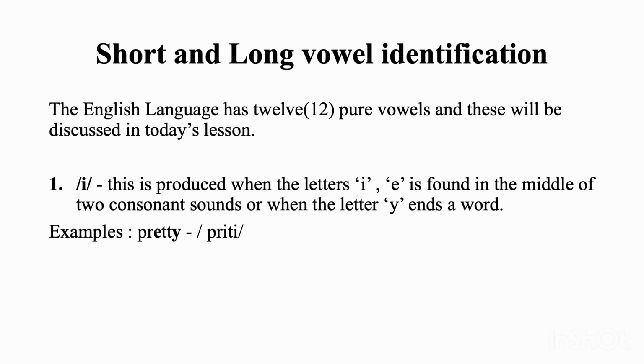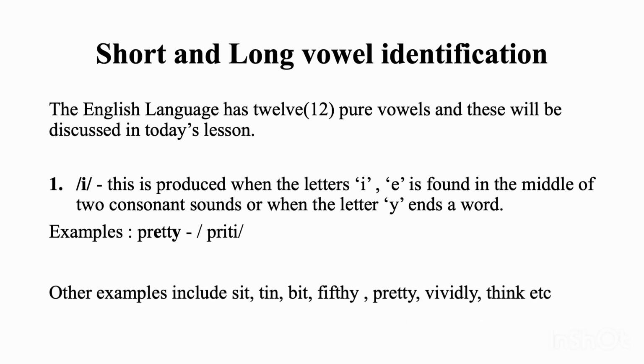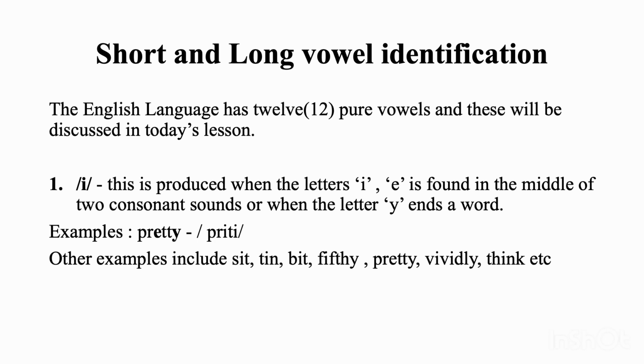Examples: pretty, pretty. So you realize that we actually identify this sound twice. That is the first part, pre-e, n-t-e. So that is the transcription you are likely to get when you look into your dictionary. And we have other examples as well, which you can check out when you have time to.